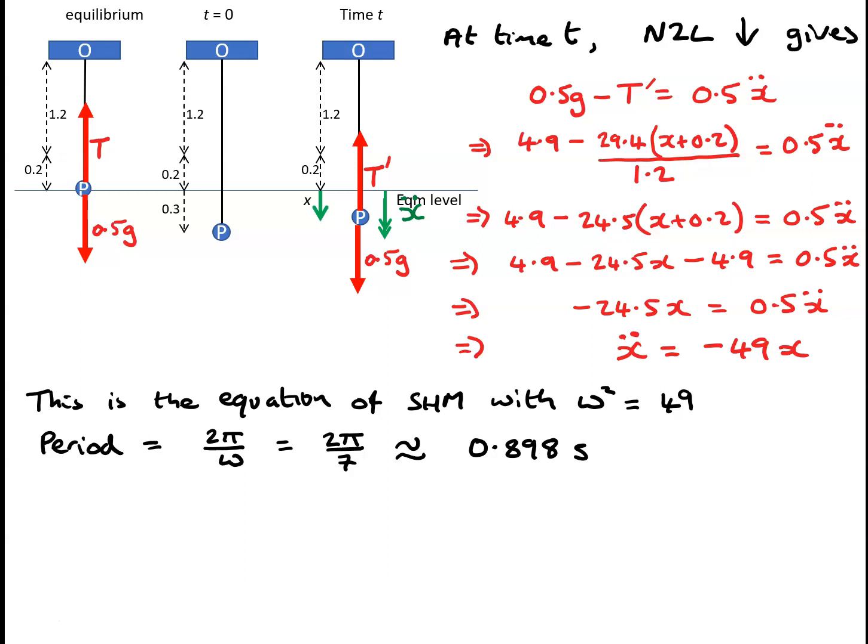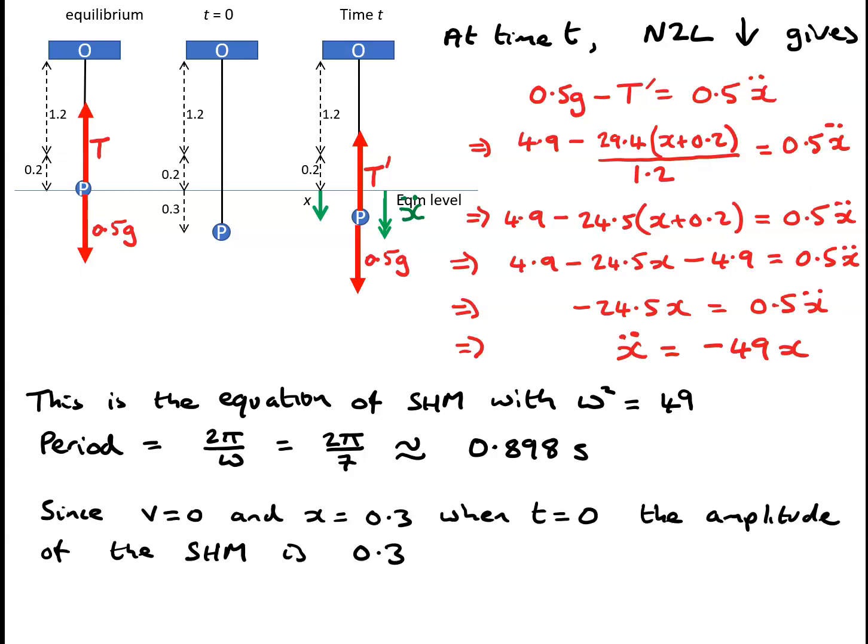The amplitude of the motion: we know that when t equals 0, the particle is 0.3 meters below the equilibrium level, and it's at rest at that point. So 0.3 meters is the maximum displacement of the particle away from the equilibrium level. So the amplitude of the SHM is 0.3 meters.